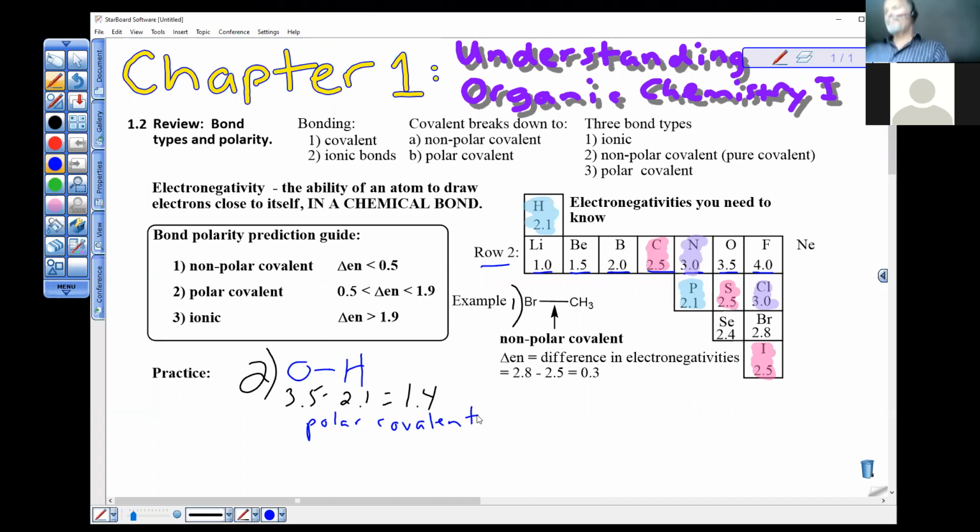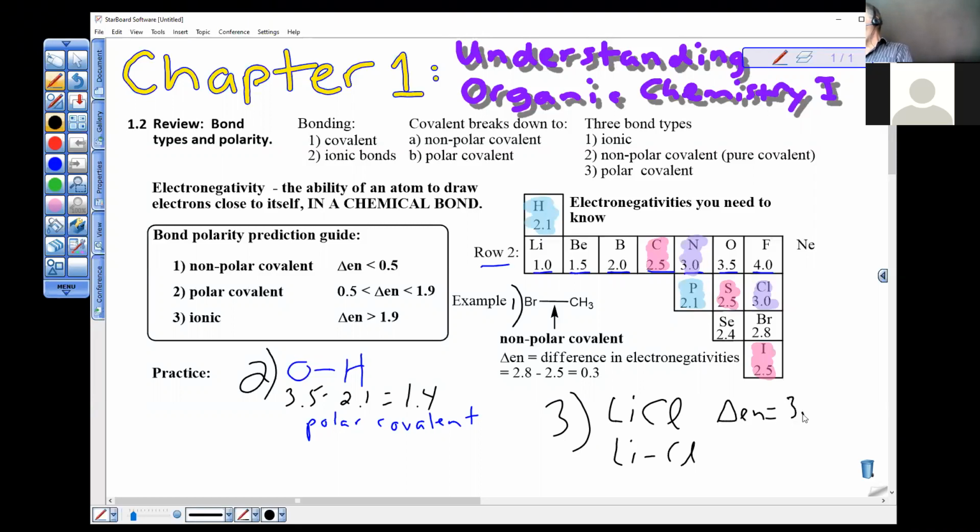Ionic bond. Good example using the numbers we have here. We could have lithium chloride. You could draw it like this, but after you make your calculation, you get 3.0.